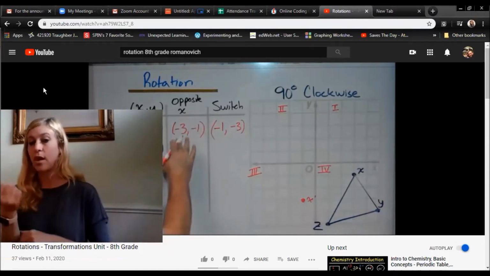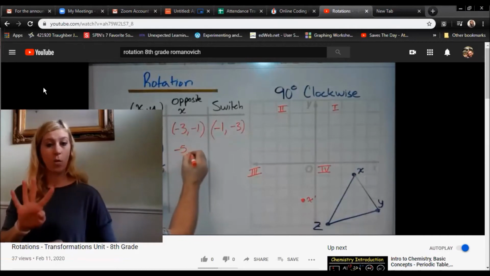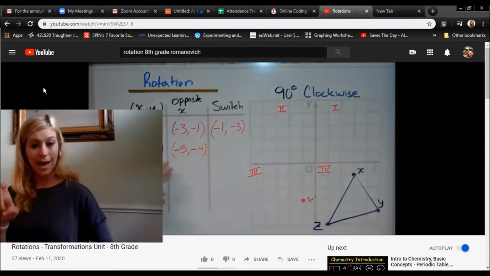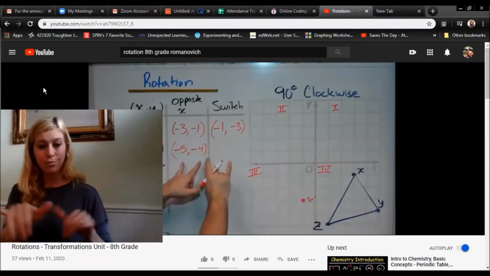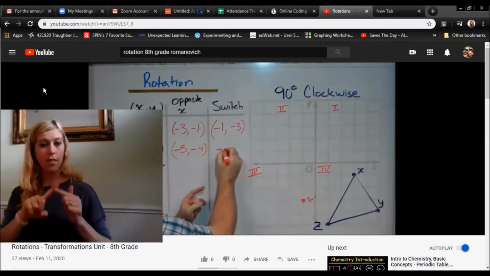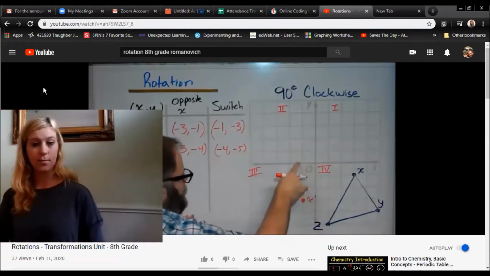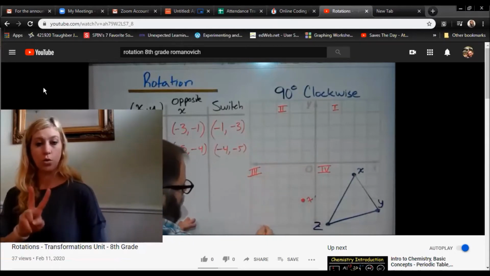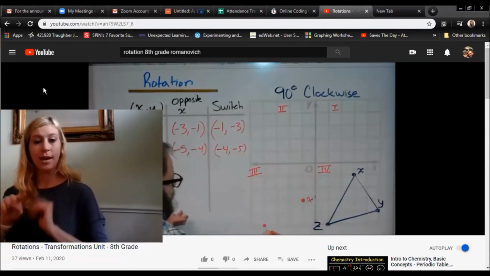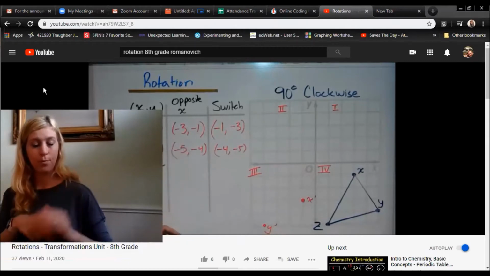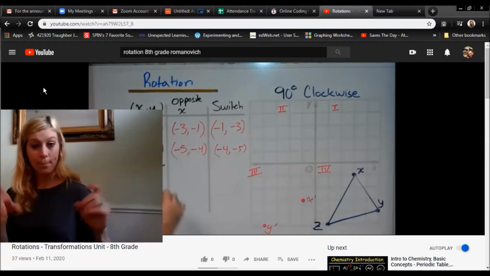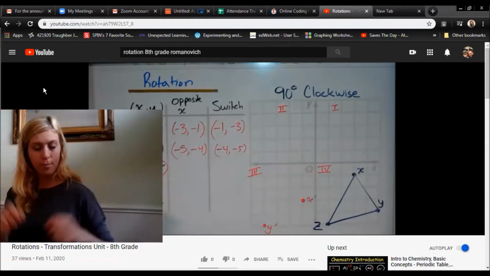5, -4, I need the opposite x, so that's -5. The y stays the same as -4, and then switch. -4, -5. 1, 2, 3, 4. -5 right there, and that is y prime. Same thing here.